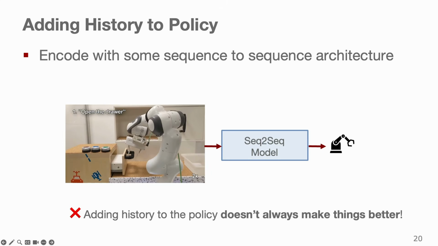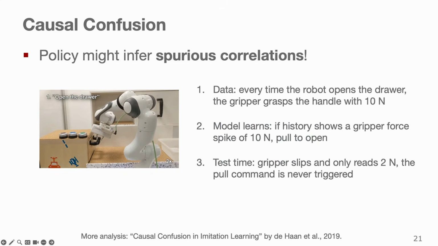And so, although this seems like a great idea, besides making your model a bit more computationally expensive, adding history to your policy doesn't always make things better. In fact, it can sometimes make things much worse. Because this brings us to causal confusion. This is a very known problem for doing imitation learning with history.